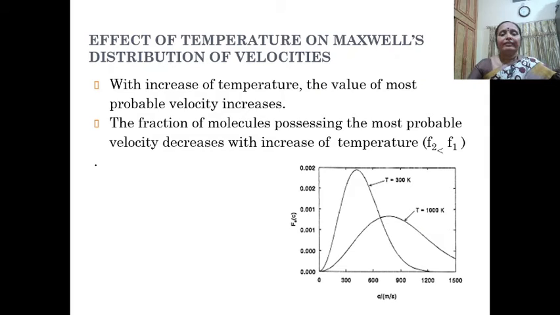Next is the effect of temperature on Maxwell distribution of velocity. To check the effect of temperature on the Maxwell distribution of velocities, we know that with increase in temperature, the value of most probable velocity is going to increase.